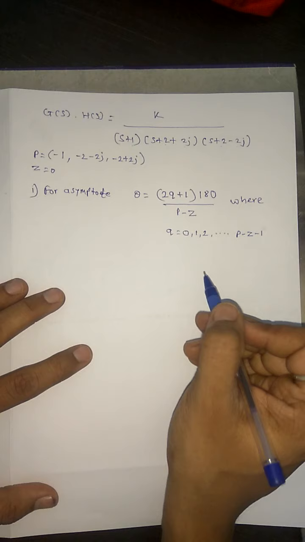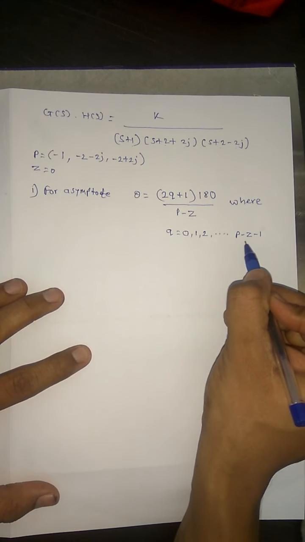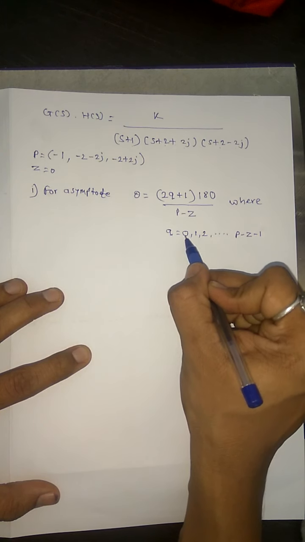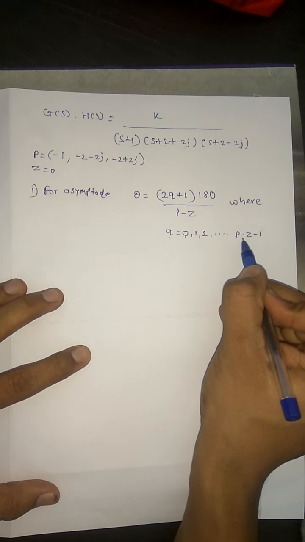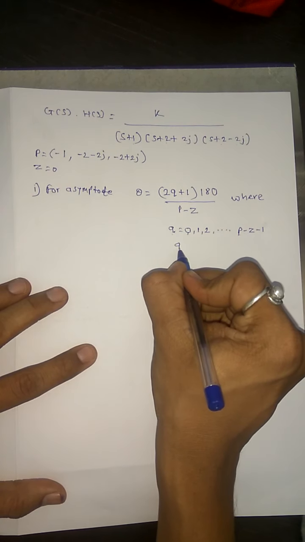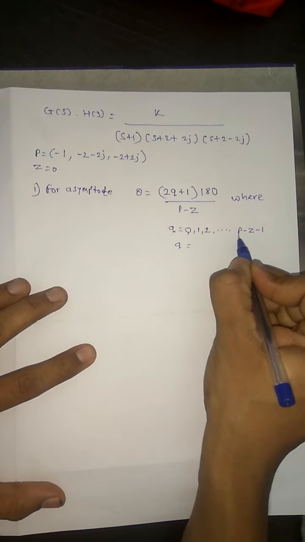This is the value of q. And q depends on the number of poles and zeros available. The starting value of q is 0 and the last value is p minus z minus 1.